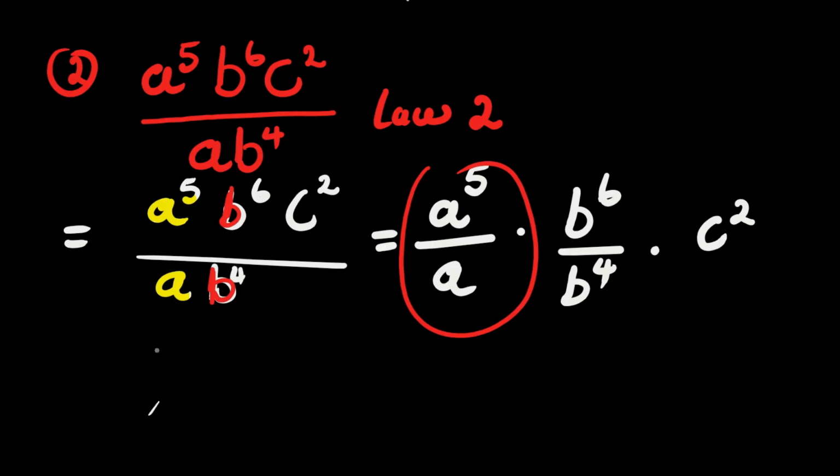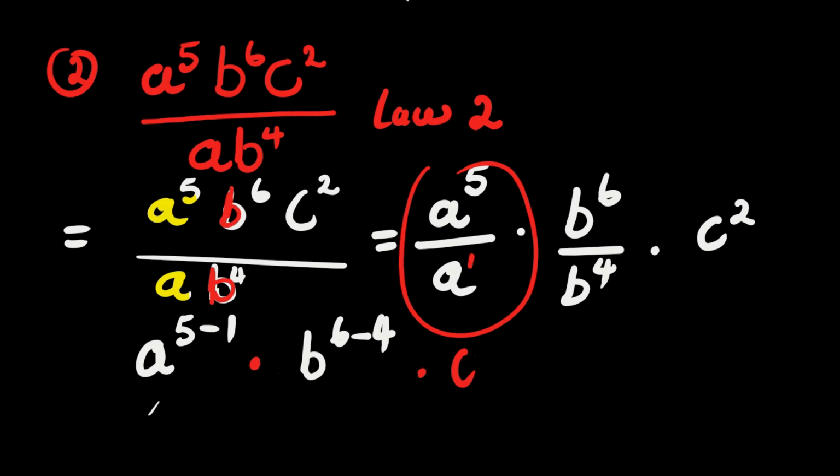So in this case, our answer would have to be a to the power of 5 minus 1. Remember, here there's an imaginary 1, a mathematical 1, multiplied by b to the power of 6 minus 4 multiplied by c.